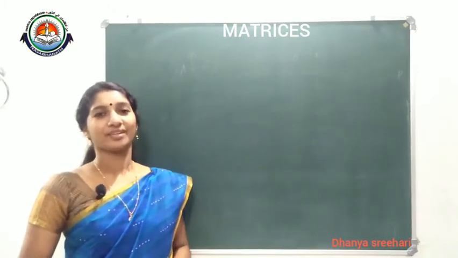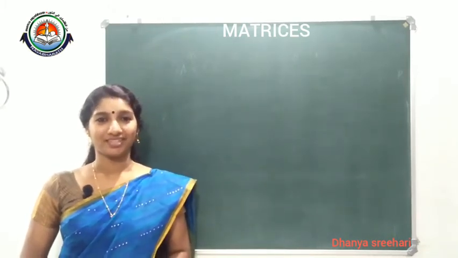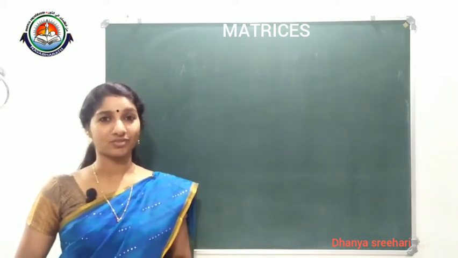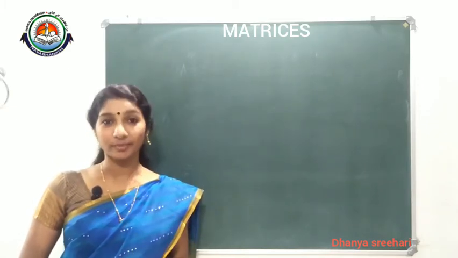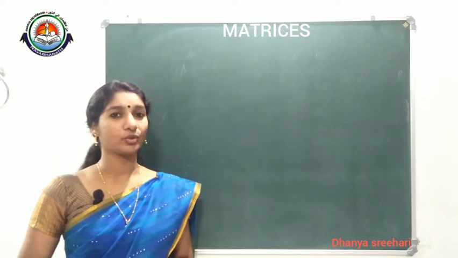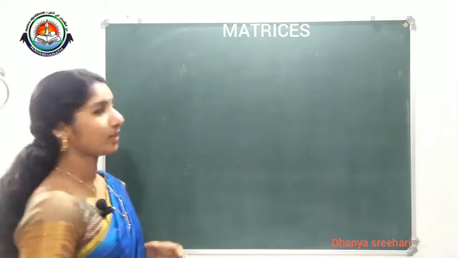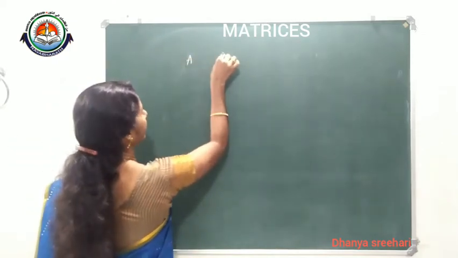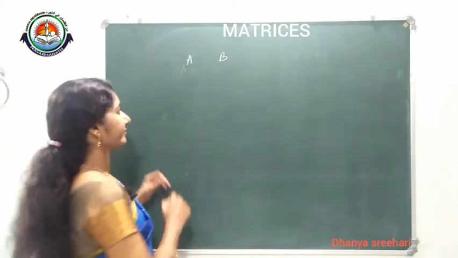Next we are going to define multiplication of two matrices. When we discussed addition of two matrices, what condition did we state? The two matrices must have the same order, then only can we do addition. In the same way, for multiplication of two matrices A and B, we need to check their order.